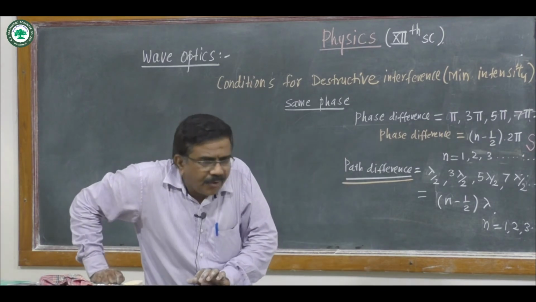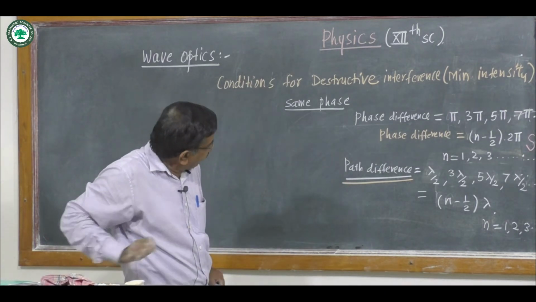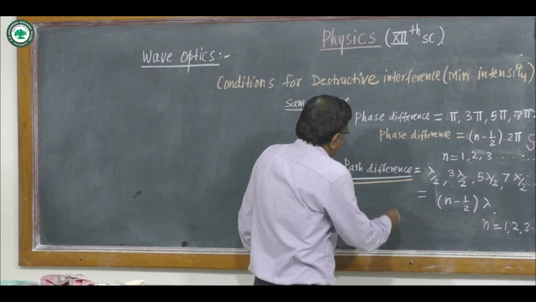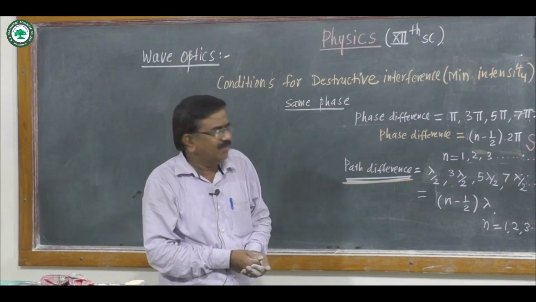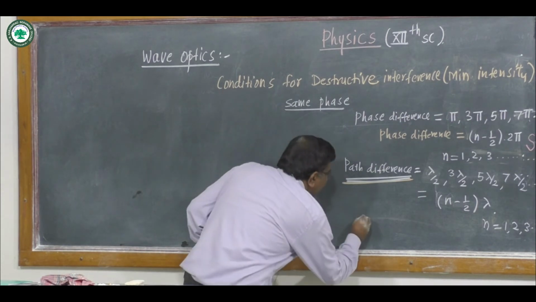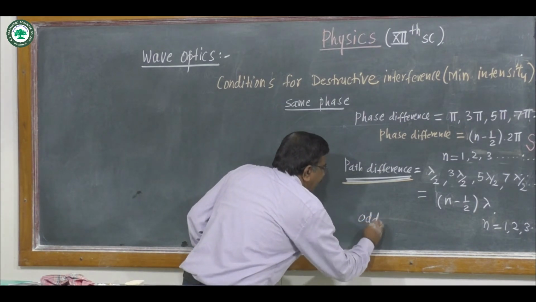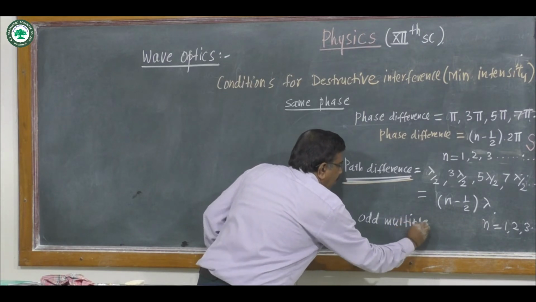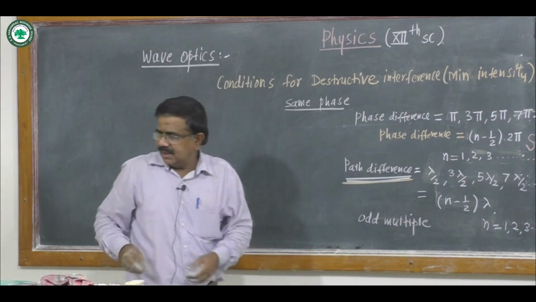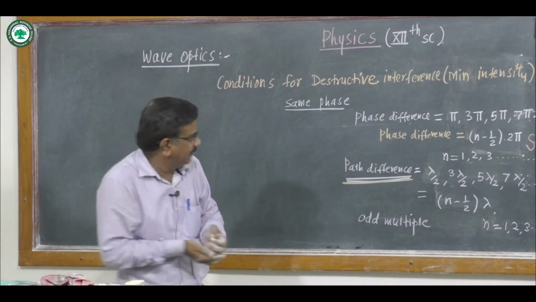So the condition for destructive interference is that the path difference between the waves must be an odd multiple of half wavelength.